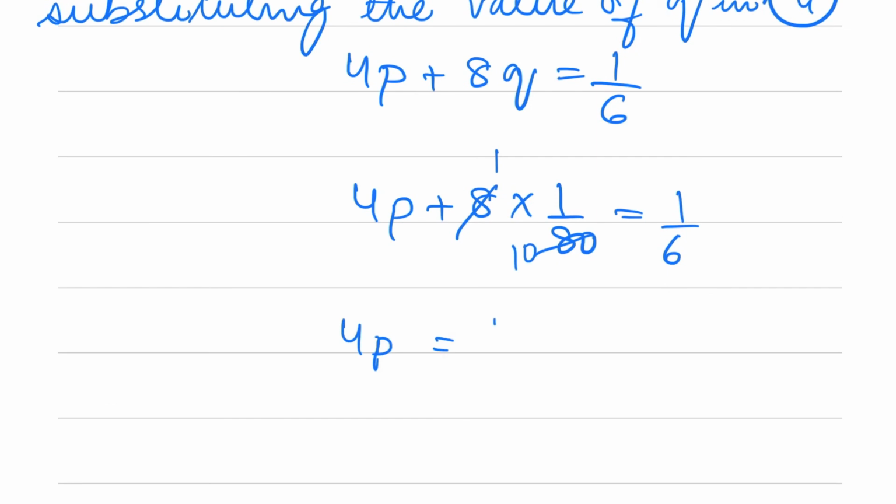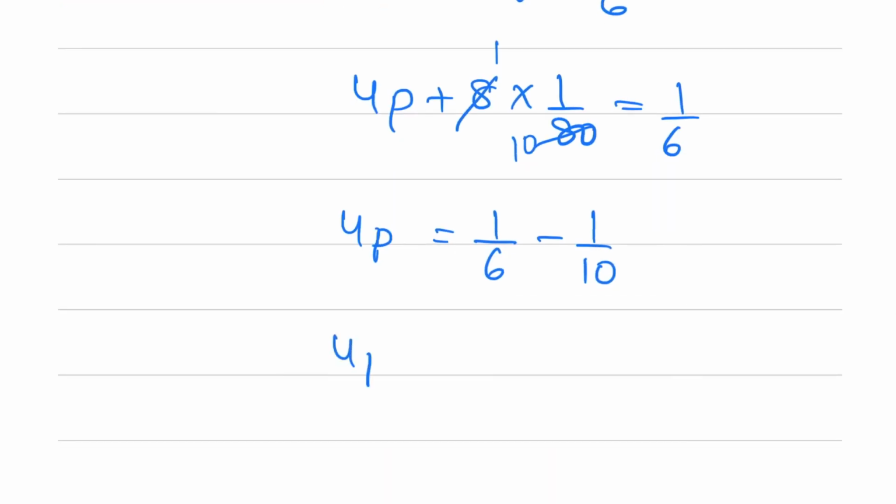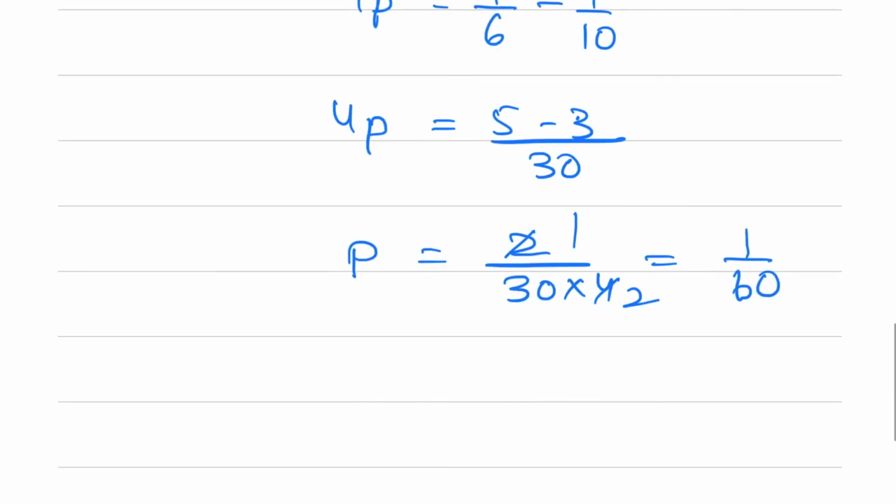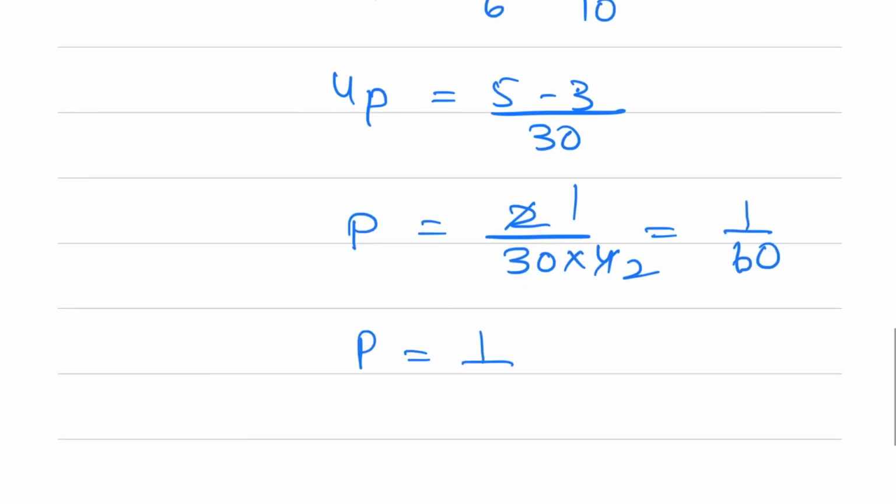So now 4p is equal to 1 by 6 minus 1 by 10. So 4p is equal to, LCM here will be 30, 5 minus 3. So p is equal to 2 by 30 into 4. So this is equal to 1 by 60. So p is equal to 1 by 60.